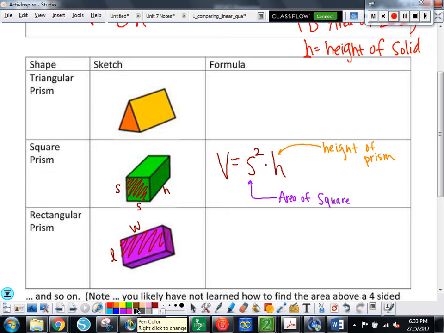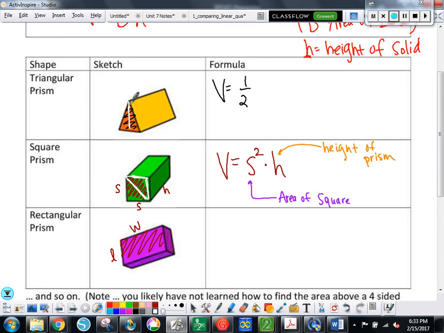Okay, now let's look at the triangle. Do you know how to get from a square to a triangle? All you have to do is cut it in half. If I take half of that square, it is now a triangle. So the formula for the area of a triangle is 1/2. Again, this is the base. Let me think about this.